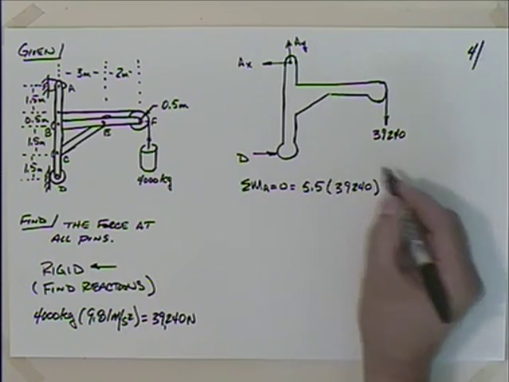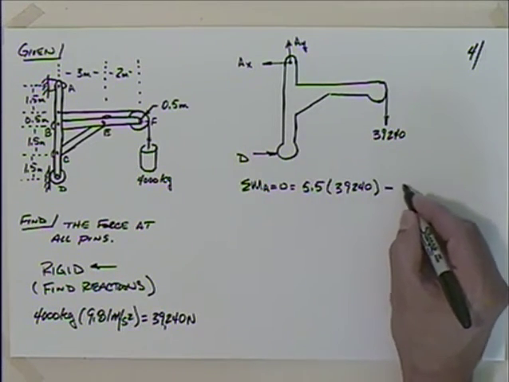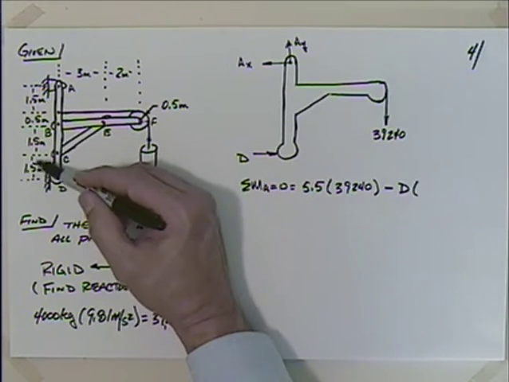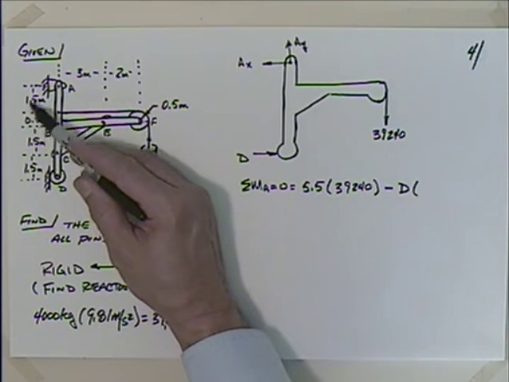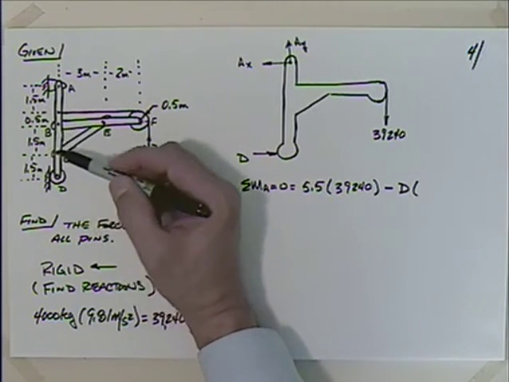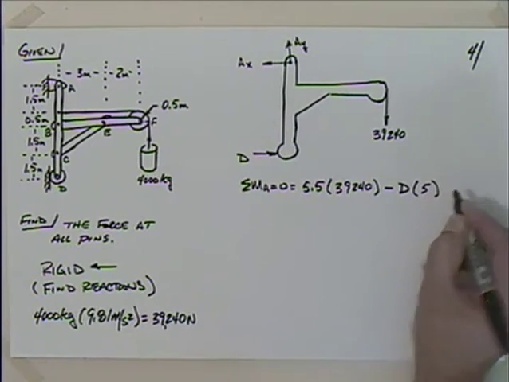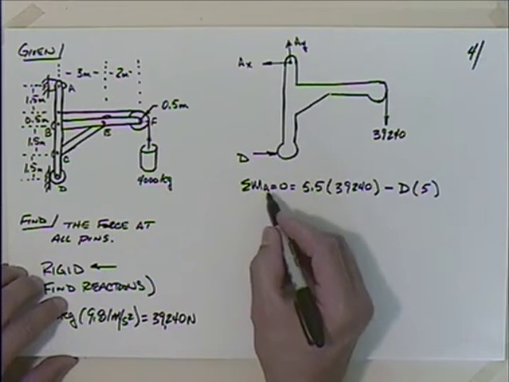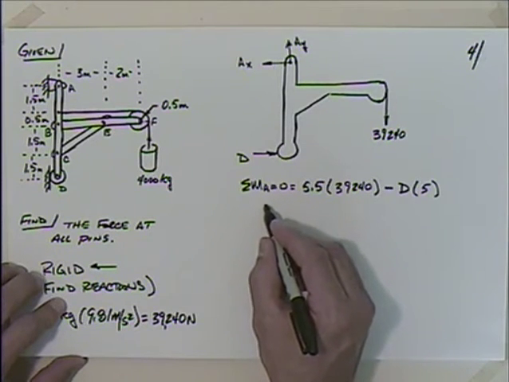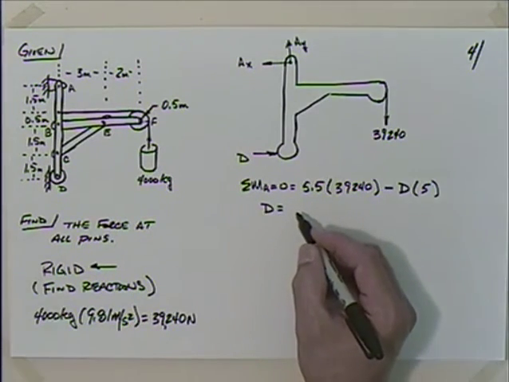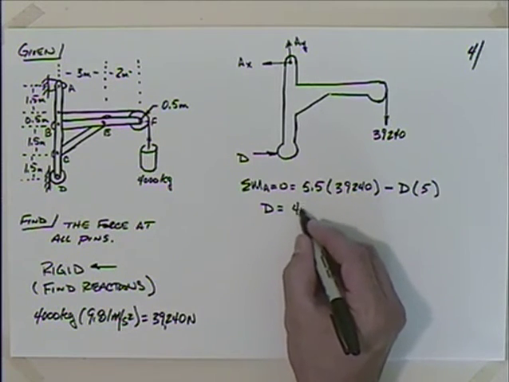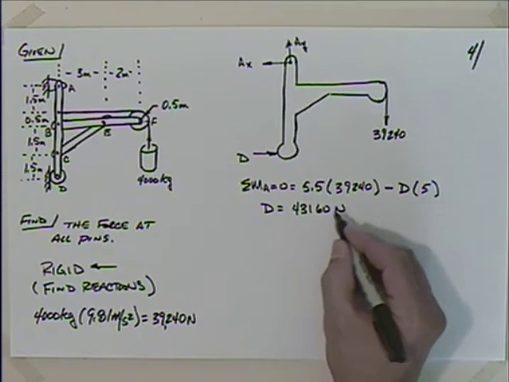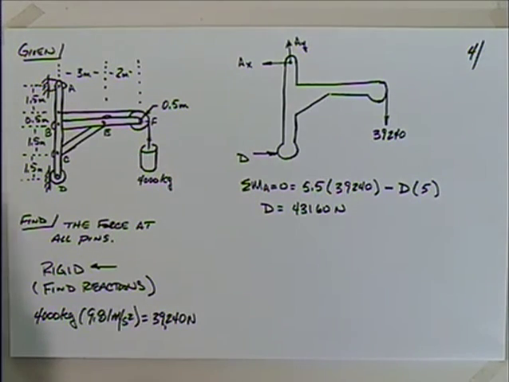That's going clockwise, and then I would have to subtract off D times the distance that acts through, which is what? 1.5 and 1.5 is 3, another 1.5 is 4.5, and 1/2 is 5. So I could then solve for D because I don't have anything else. These two forces intersect the point where I'm summing the moment about A. So I could say that D is equal to what, 43,160 newtons. Let me double check that.